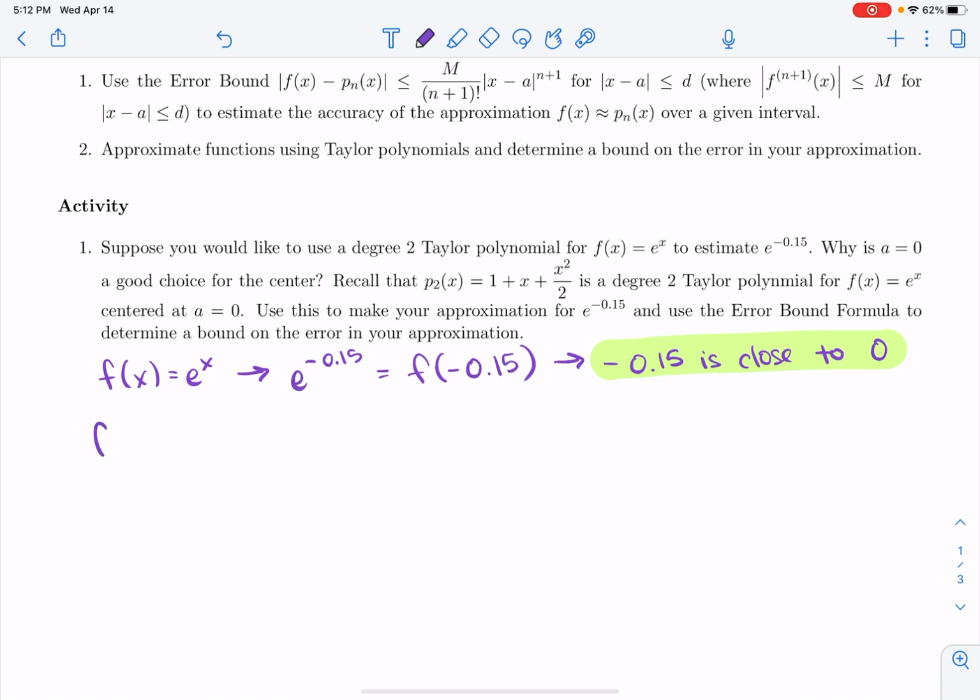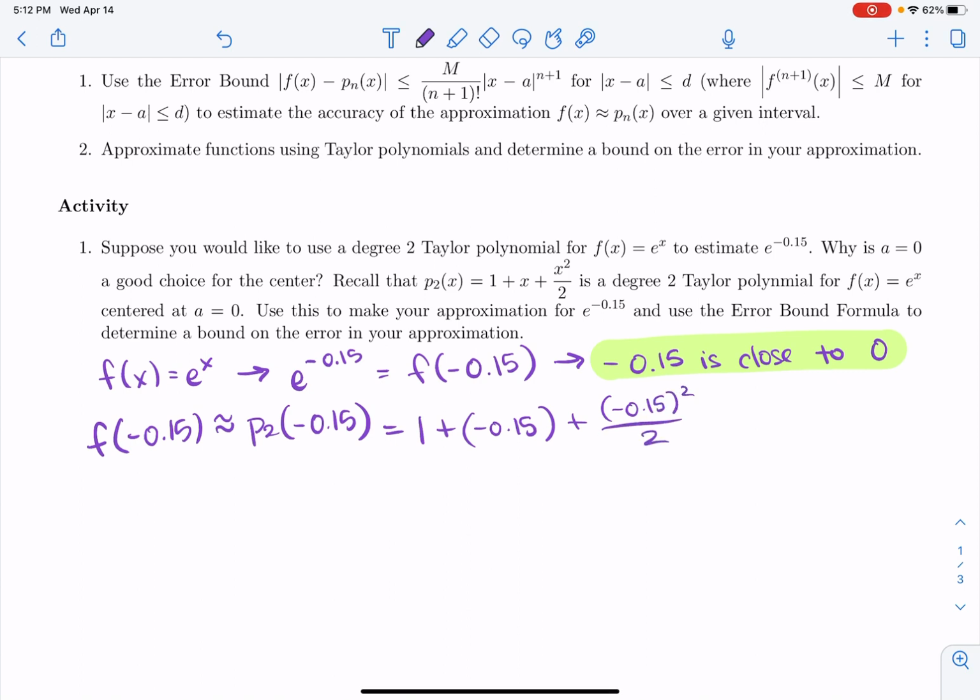So that means that f of minus 0.15 is approximately equal to P2 of minus 0.15. And that's equal to 1 plus minus 0.15 plus minus 0.15 squared over 2. And we can put that into our calculator. So let me see. 1 minus 0.15 plus 0.15 squared divided by 2.